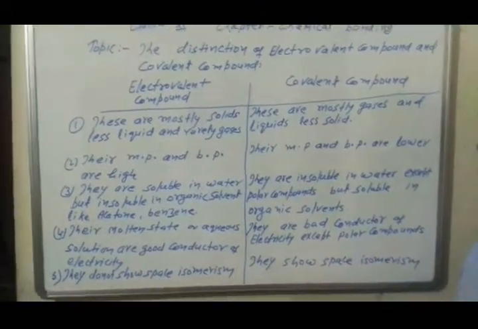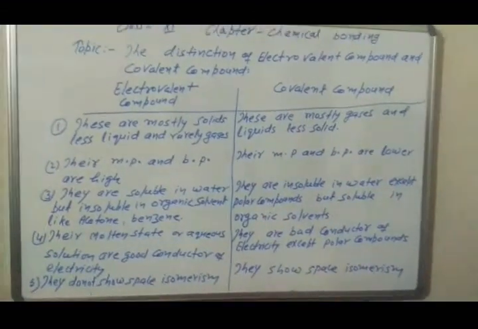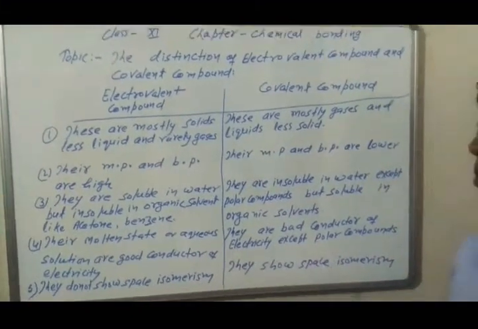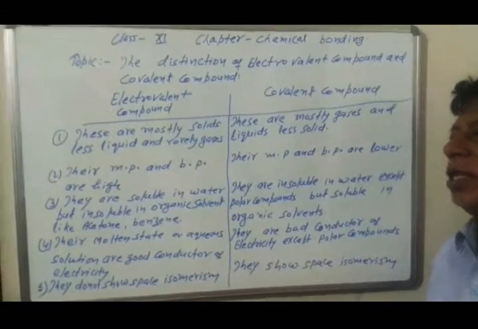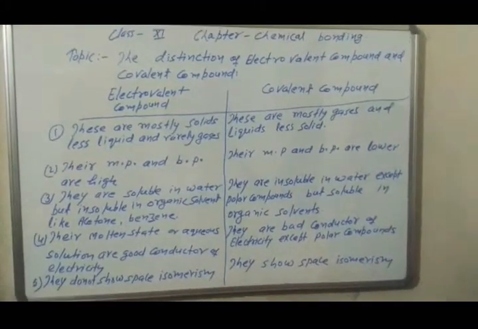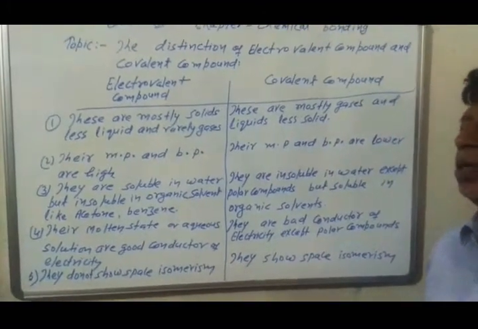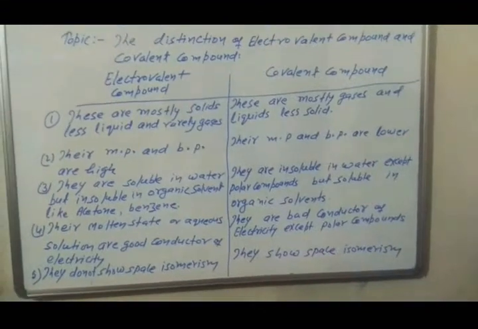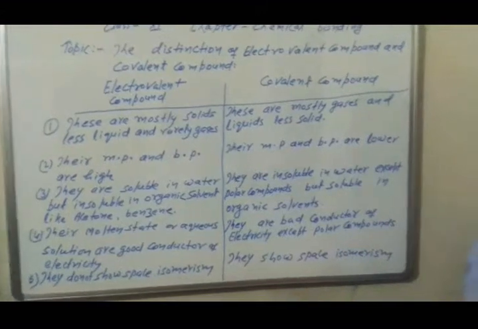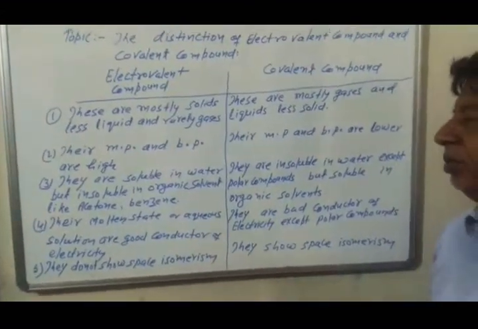The compounds which are polar are soluble in water because water is also considered a polar solvent. So, polar compounds are soluble in polar solvents and non-polar compounds are soluble in non-polar solvents. Organic solvents are non-polar, therefore electrovalent compounds are insoluble in organic solvents.